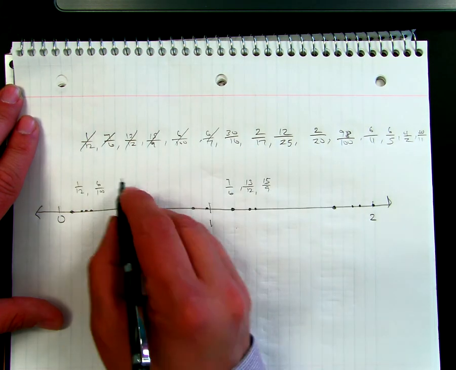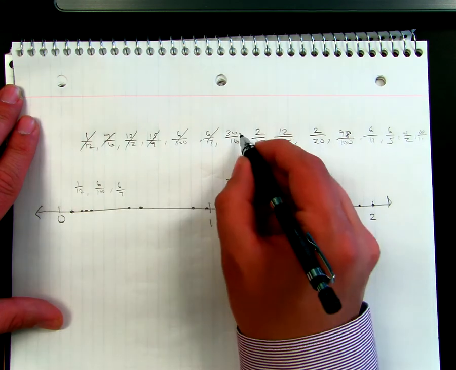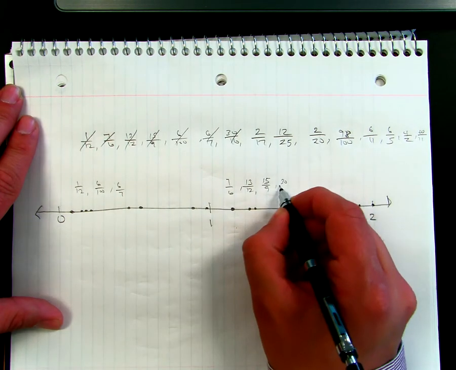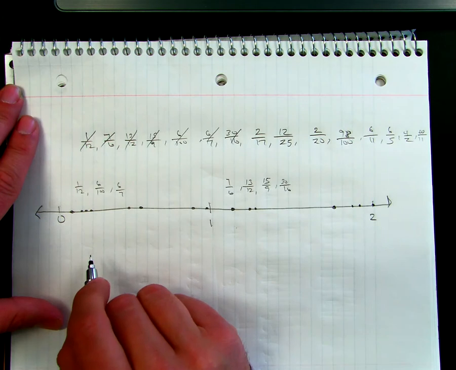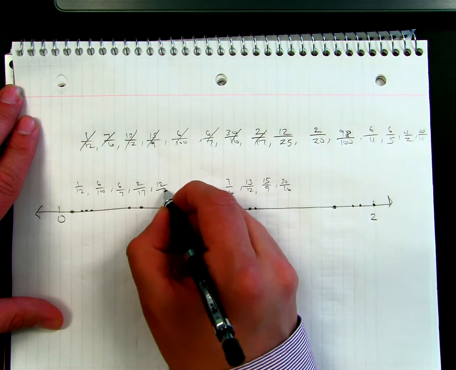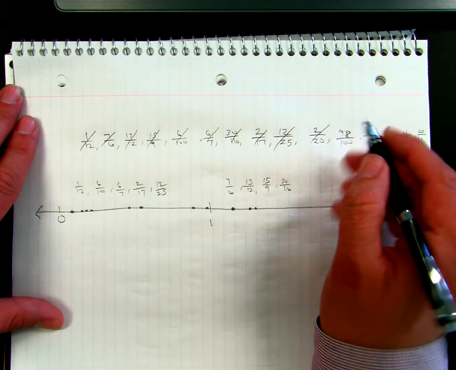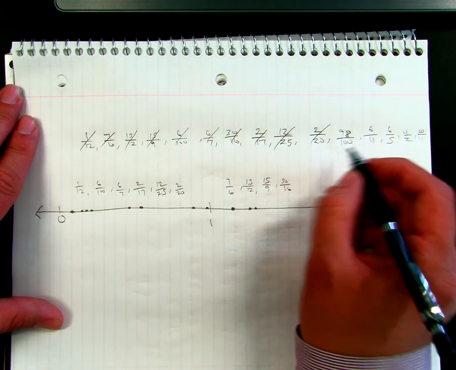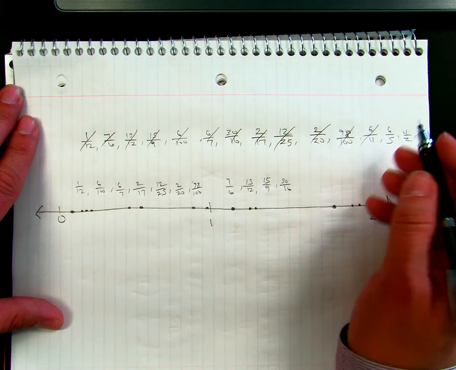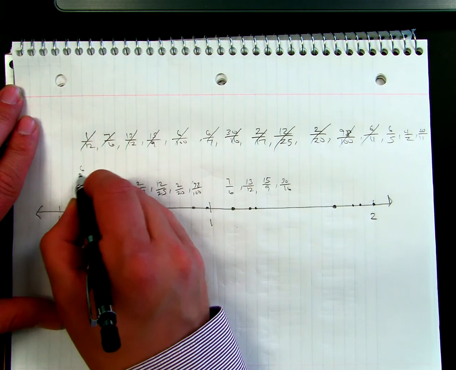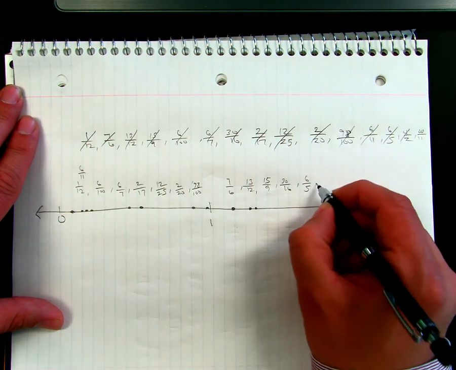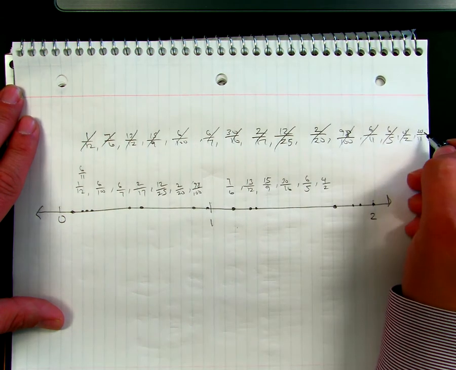Left or right? 30 out of 16. 2 out of 17. 12 out of 25. 2 out of 20. 98 out of 100. 6 out of 11. 6 out of 5. 4 out of 2. 20 out of 11.